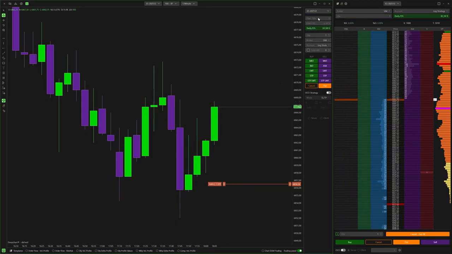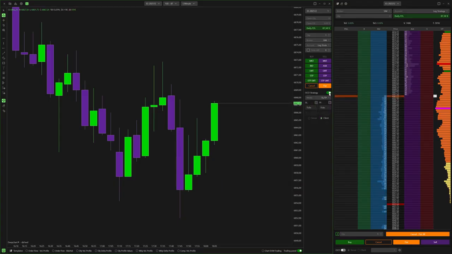My position is 0. So I basically bought here, sold here. But as you can see, there's still my stop loss over there that I have to manually get rid of. And that can be kind of annoying sometimes. And that's why OCO strategies come into place.